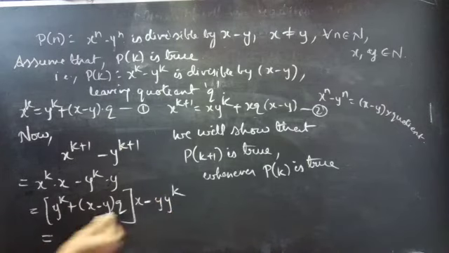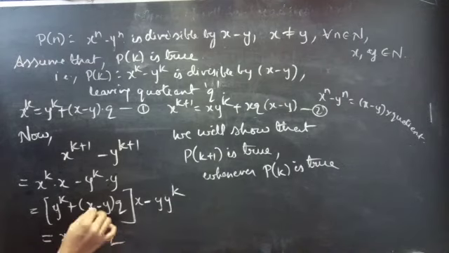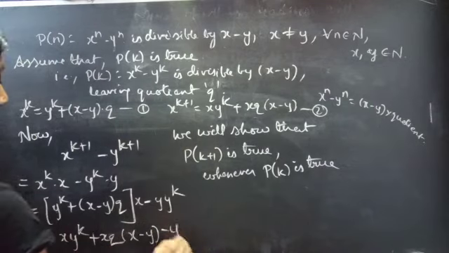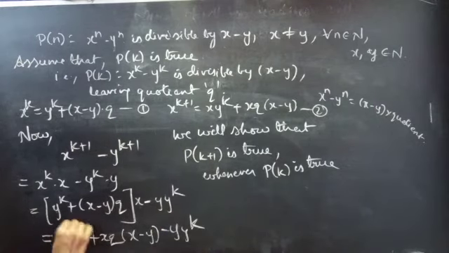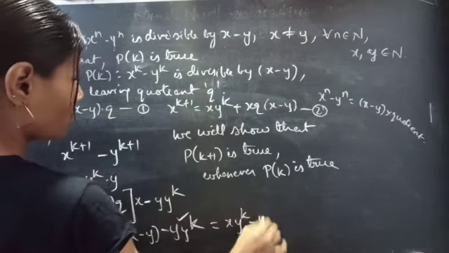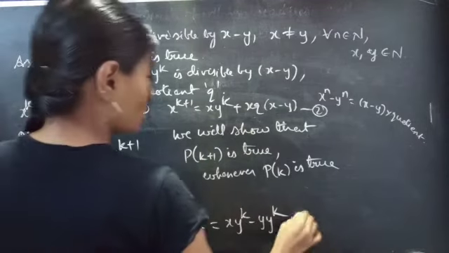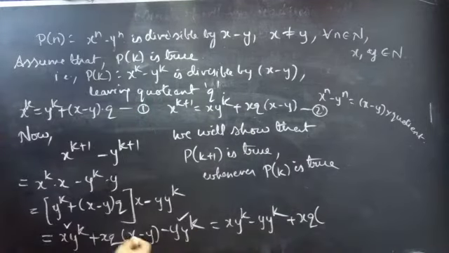This equals x into y power k plus x cube into x minus y minus y into y power k. Now write the terms involving y power k: equals x y power k minus y into y power k plus x q into x minus y.